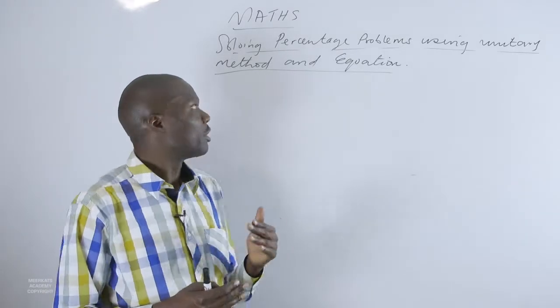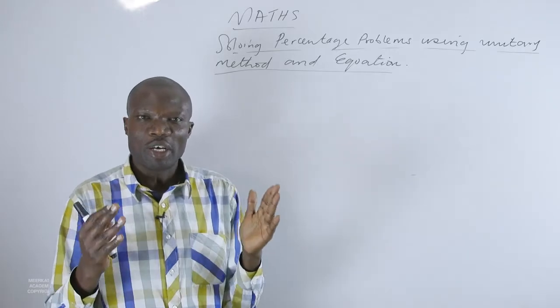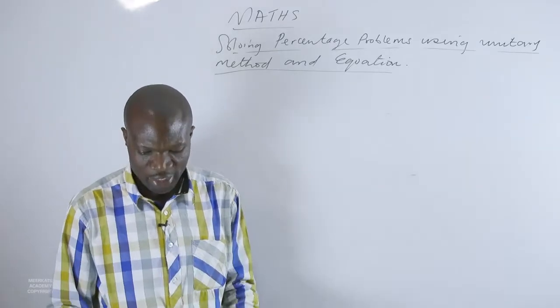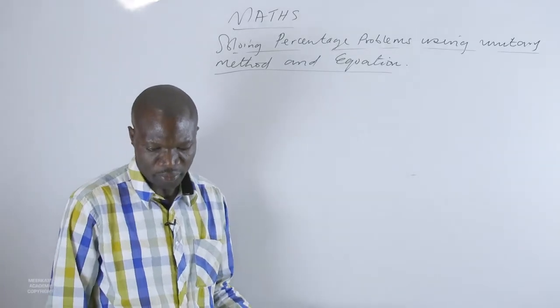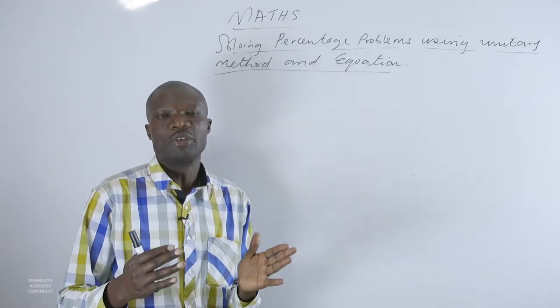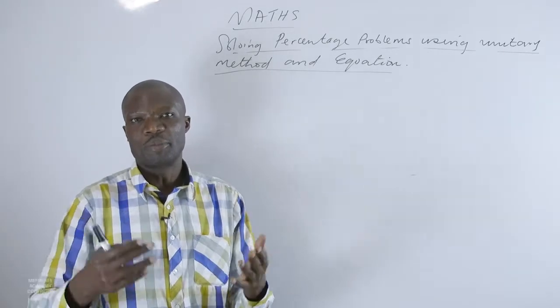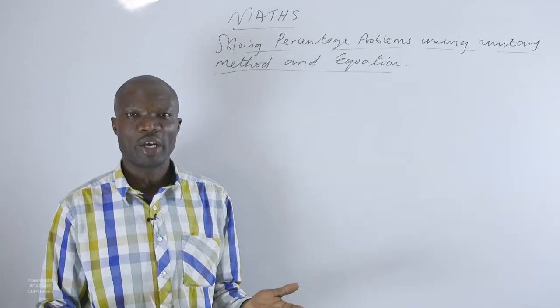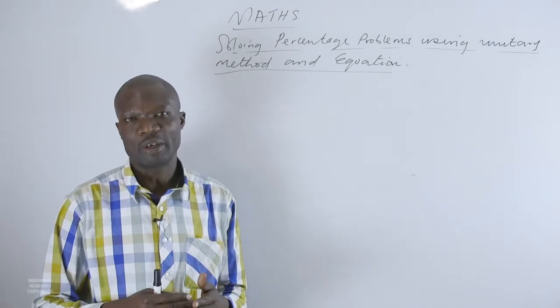The unitary method involves first reducing, or finding what we call 1 unit, finding a 1 unit value, and then multiplying by the number of units you require or the total amount you require.